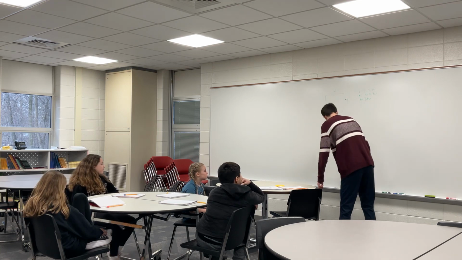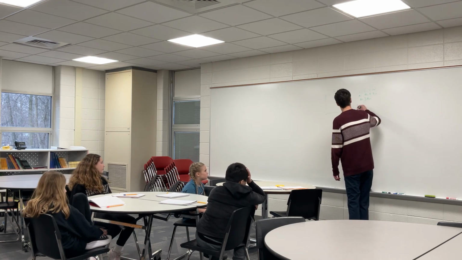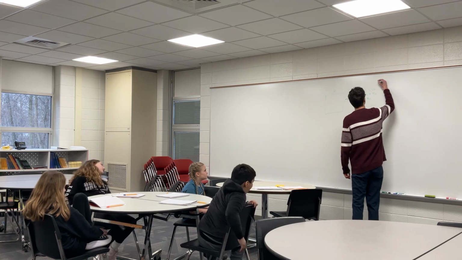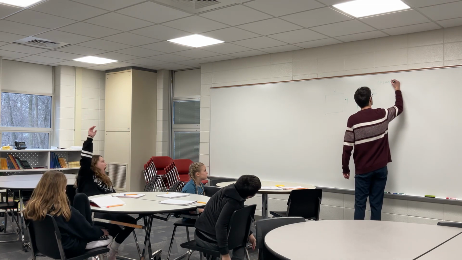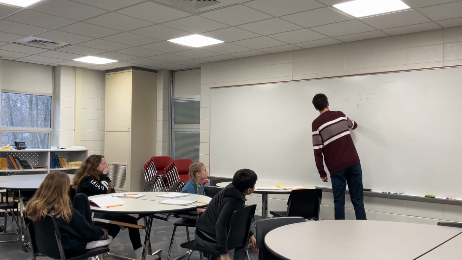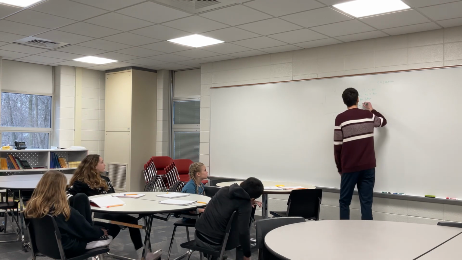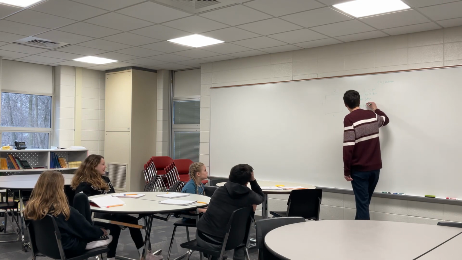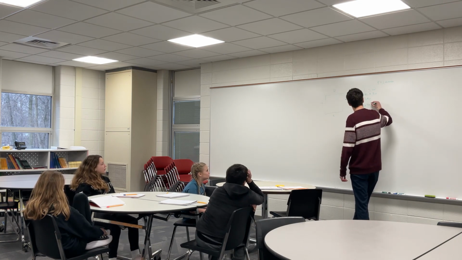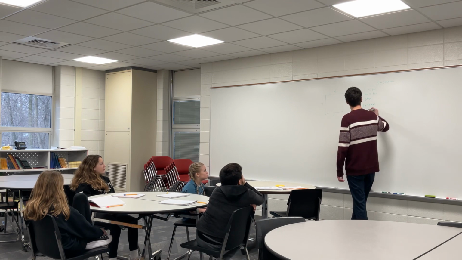And then for the perimeter, let me try to remember what the perimeter is. Length plus length plus width plus width. So with 4 and 7, it would be 7 plus 7 plus 4 plus 4.